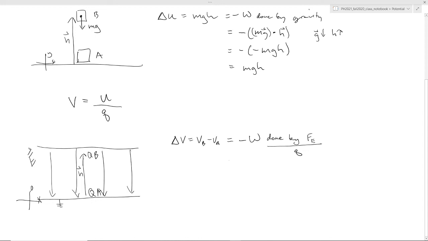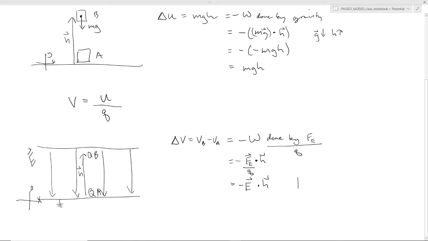And we have a handy quantity that's the electric force per unit charge, and that's the electric field. So this would look like negative electric force dot h per q. Now this is the electric field, electric force per q, so this becomes E dot h.